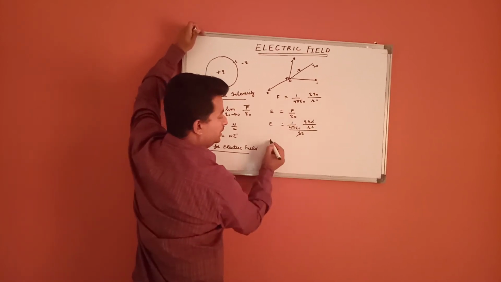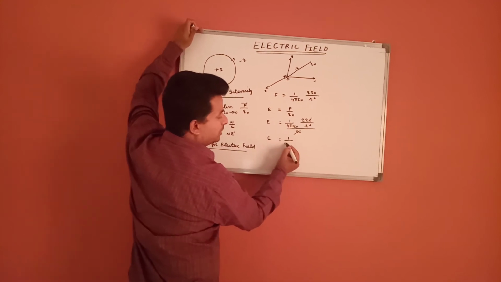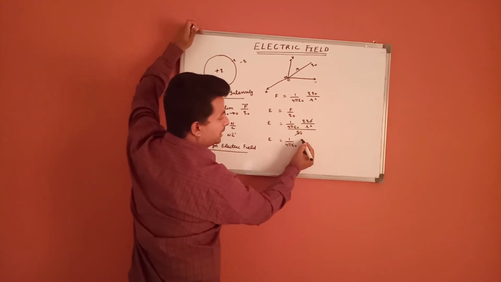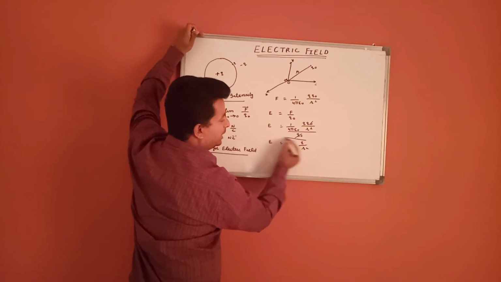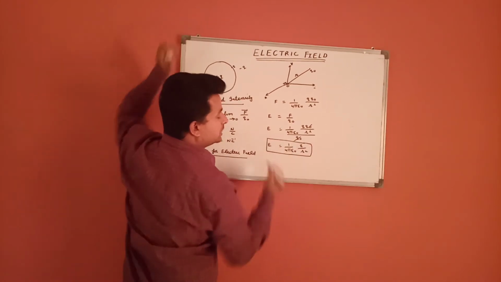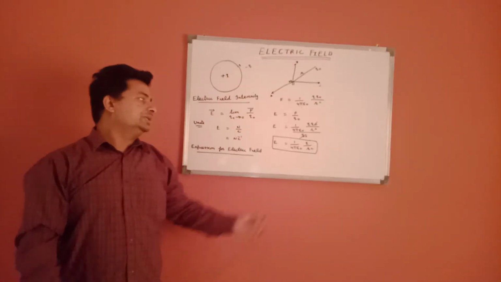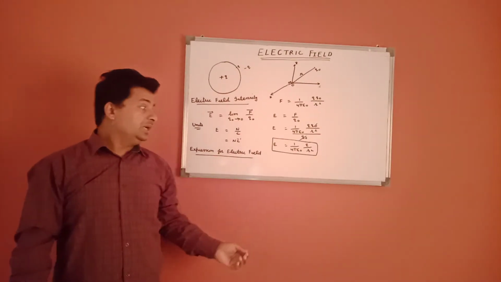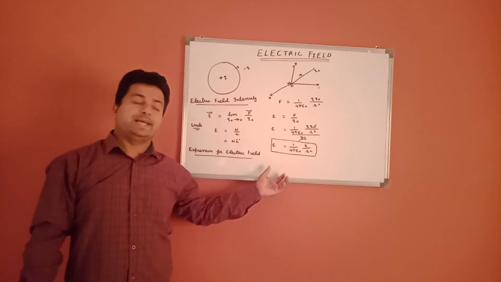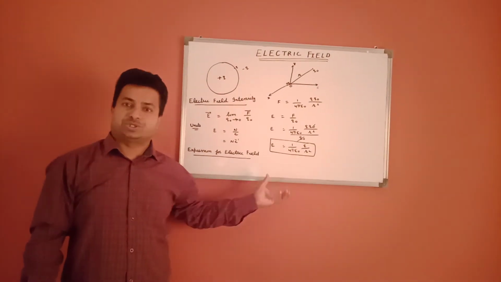This cancels out, that is E is equal to 1 by 4 pi epsilon naught, q by r whole square. This is the formula of electric field. Electric field is a vector quantity, that is it has magnitude as well as direction.